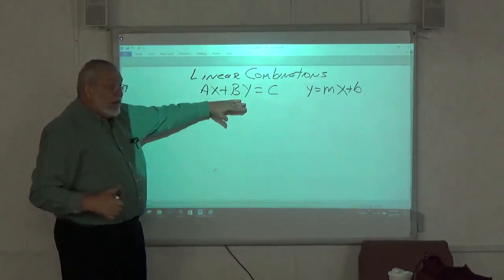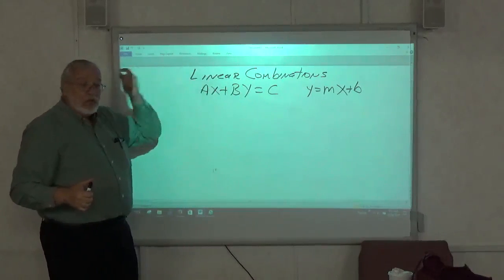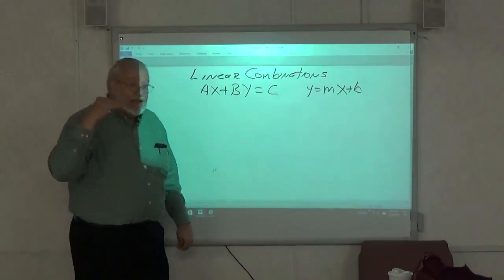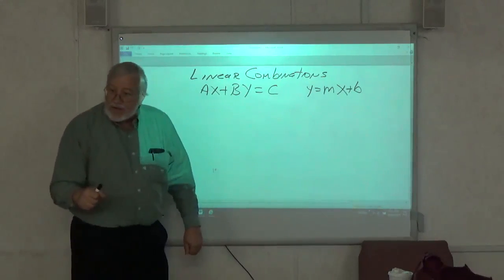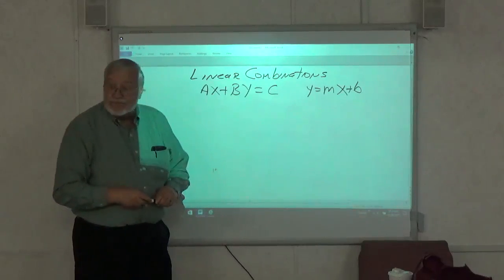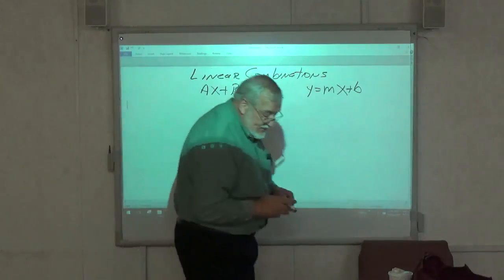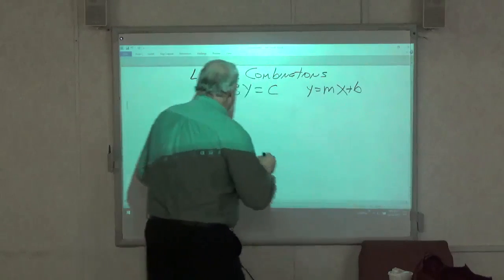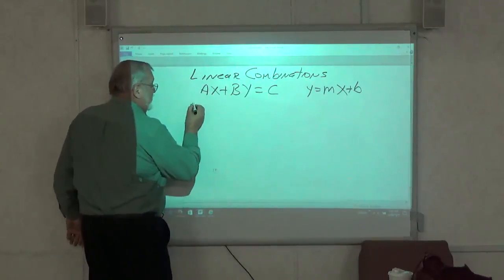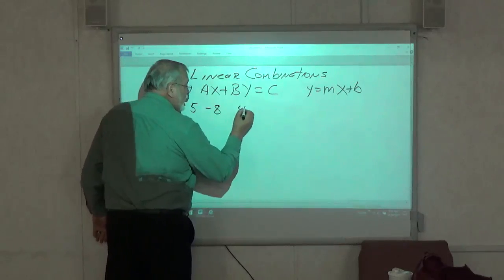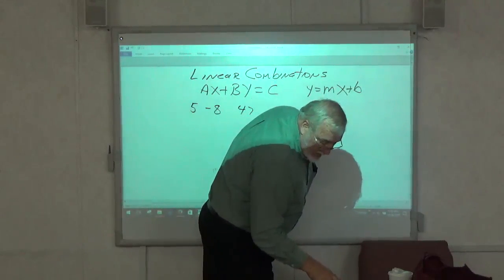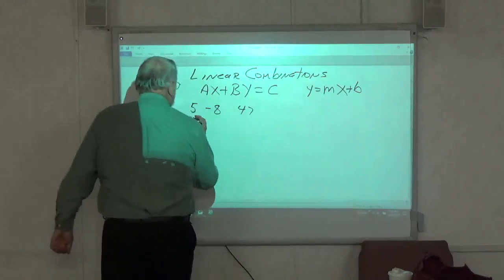And so what linear combinations is talking about is eliminating one of the variables to solve for the other. Now, the problem says 5, negative 8, 47, and 2, 7, negative 22.